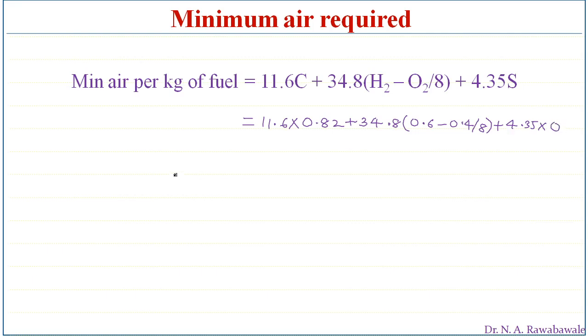On simplification, the minimum amount of air required is 11.412 kg of air per kg of fuel. If we want to burn 1 kg of fuel, then the minimum air required is 11.412 kg.